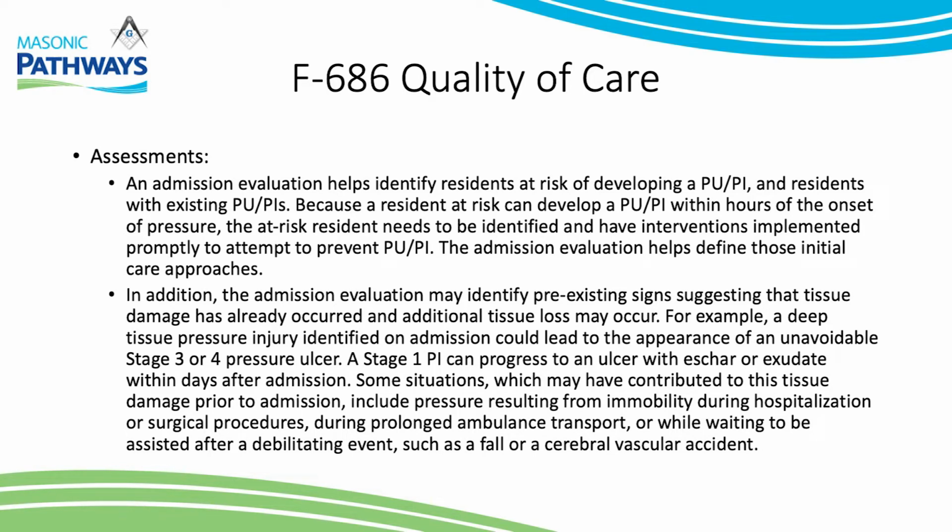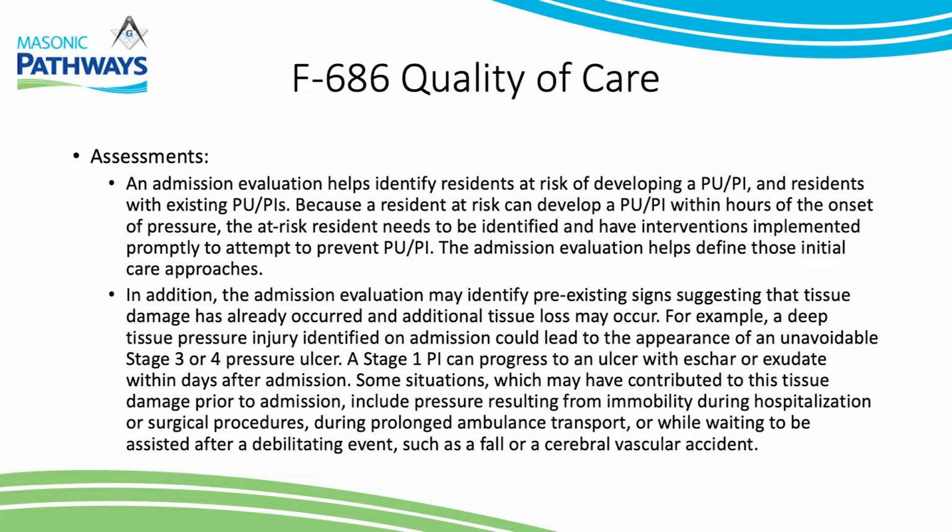An admission evaluation helps identify residents at risk of developing a pressure ulcer and residents with existing pressure ulcers. Because a resident at risk can develop a pressure ulcer or injury within hours of the onset of pressure, the at-risk resident needs to be identified and have interventions implemented promptly to attempt to prevent pressure ulcer or pressure injury. The admission evaluation helps define those initial care approaches.